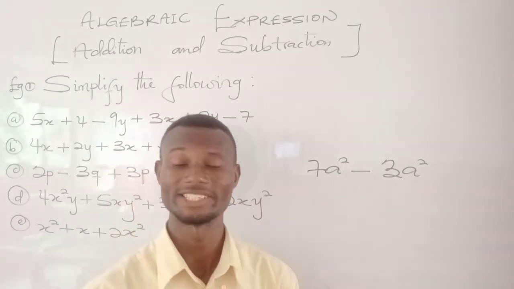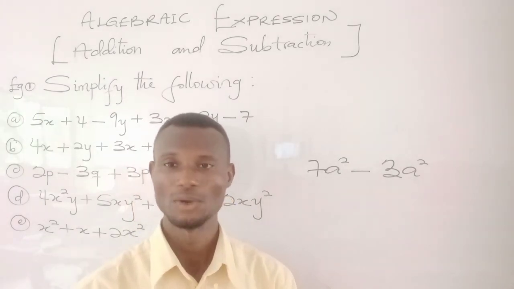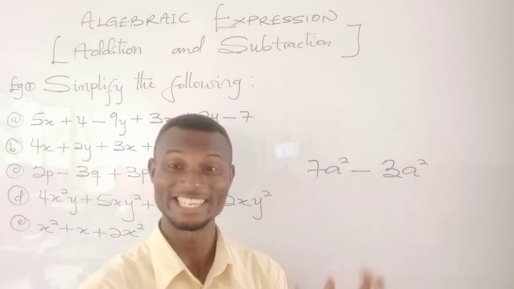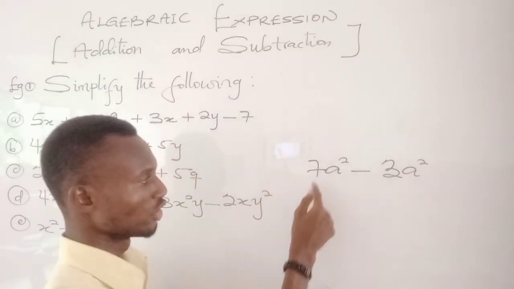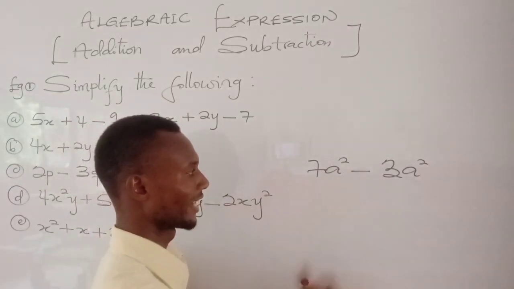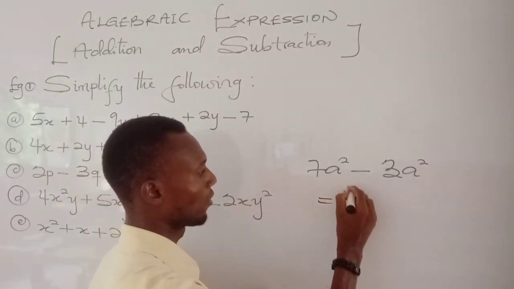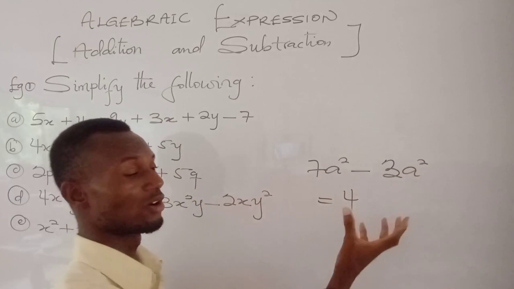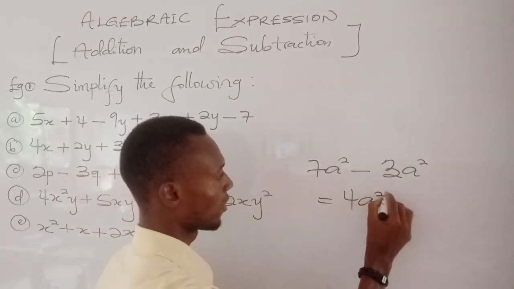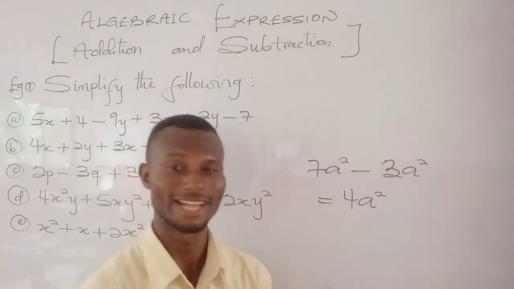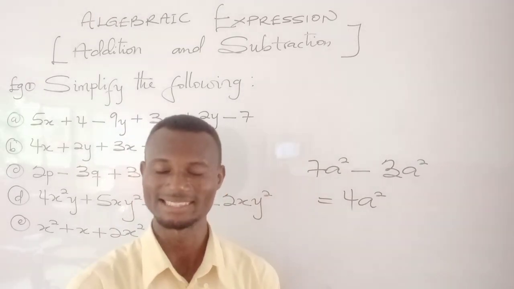How do we do the subtraction? I say that we deal with the coefficient and just pick one of the variables and attach to our answer. So it's going to be 7 minus 3. 7 minus 3 gives 4. Then you just pick one of the variables and attach to it. So I'm going to have 4a squared as my final answer.